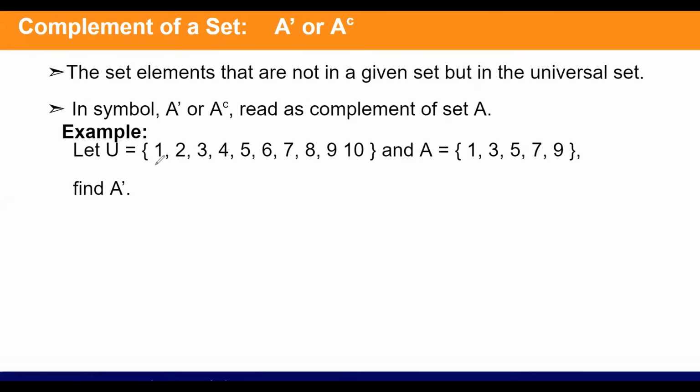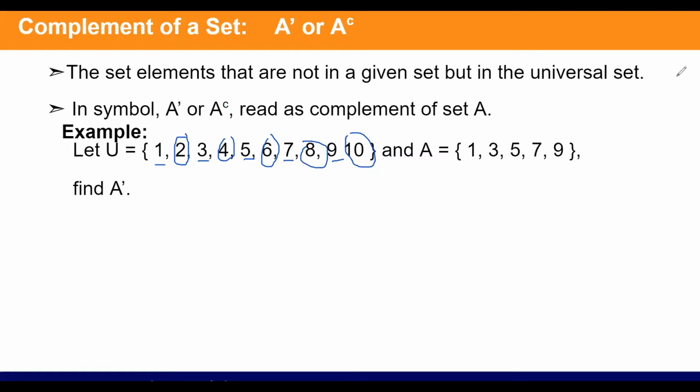So let us have 1 in set A, 3, 5, 7, 9. Okay. So now what are the elements missing or not in A? So we have 2, 4, 6, 8, and then 10. And that is our complement of A.